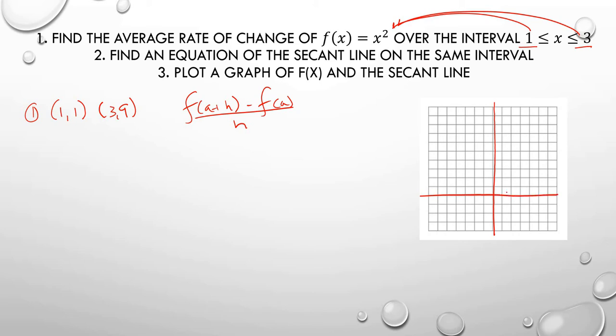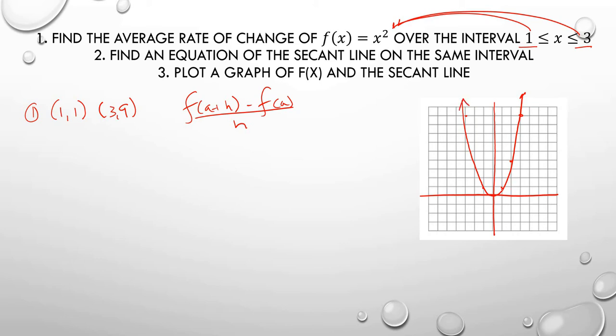In this case, if my graph looks like this, 2 goes up to 4, 3 goes up to 9. So this is my curve of y equals x squared.